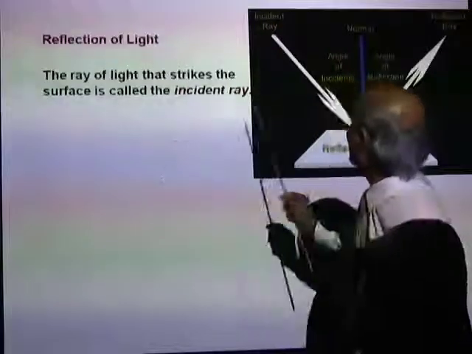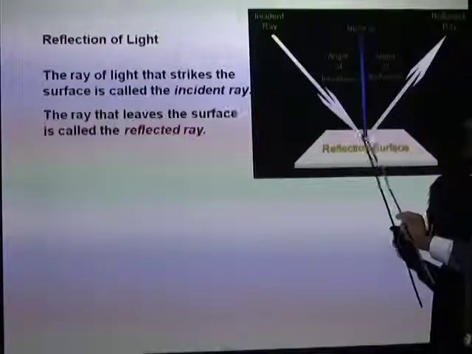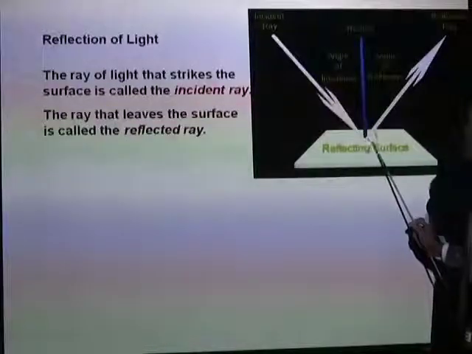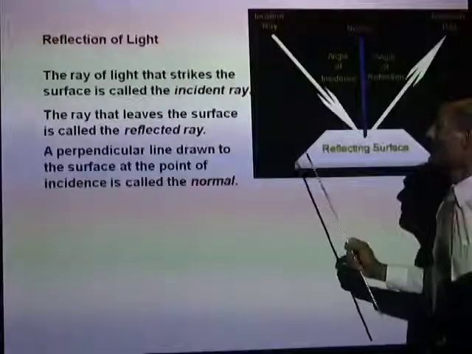Now here, this is an incident ray which falls on the mirror, and that is its reflected ray. So an incident ray and a reflected ray. The property of reflection is an important property of light. So the ray of light that strikes the reflecting surface is the incident ray, and the ray that leaves that surface is the reflected ray.